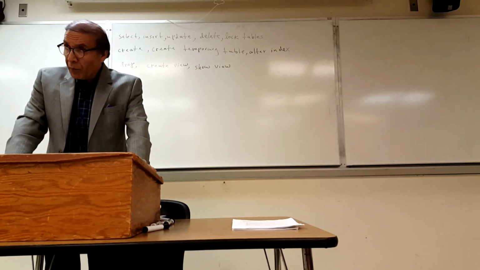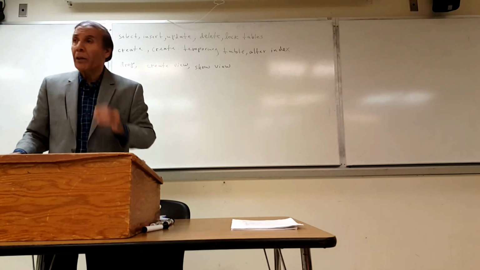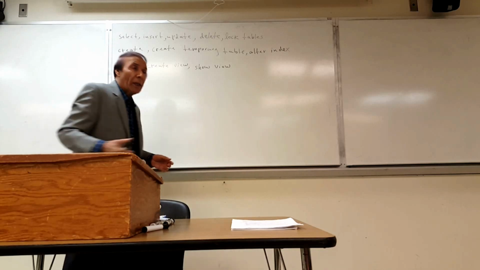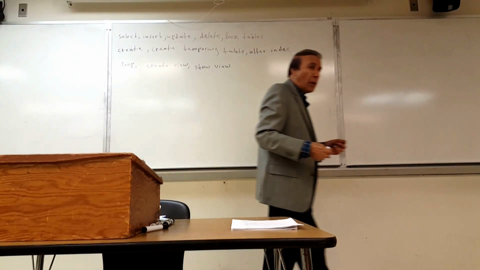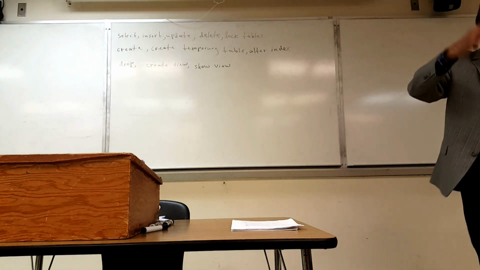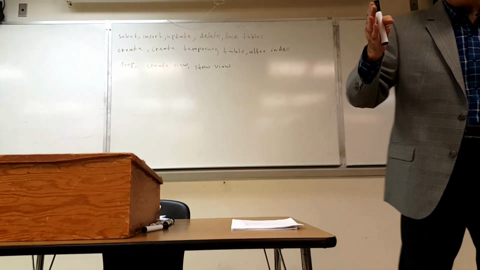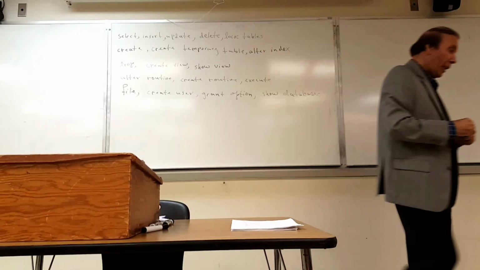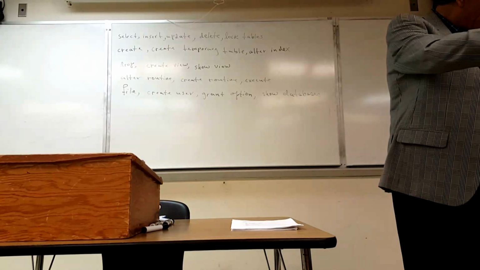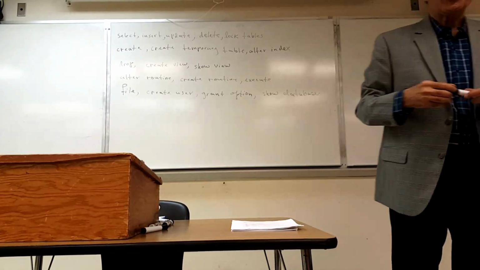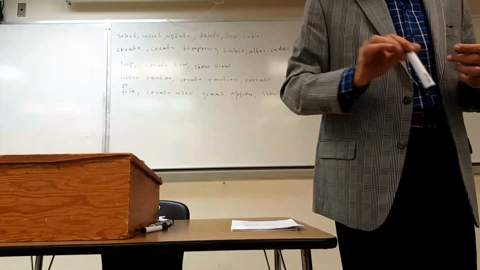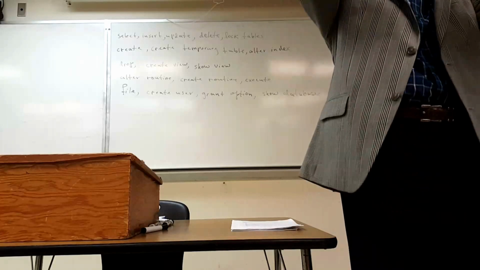Create view. Everybody knows what a view is. Okay, a view is a sort of subset of a table, right? You have a table with many fields, and sometimes you want the result of your query, when you're using select, for example, to be dumped or directed to a file, not to a screen.